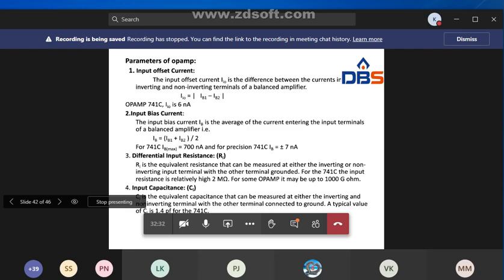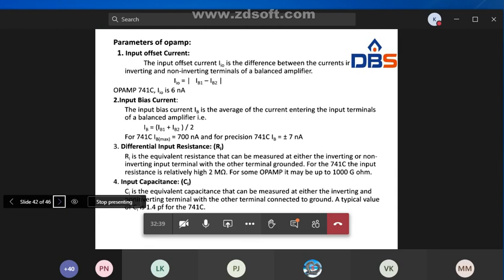So these are the characteristics of op-amp. We will see what is input offset current.